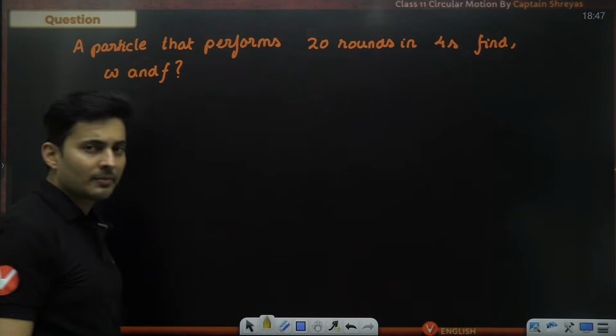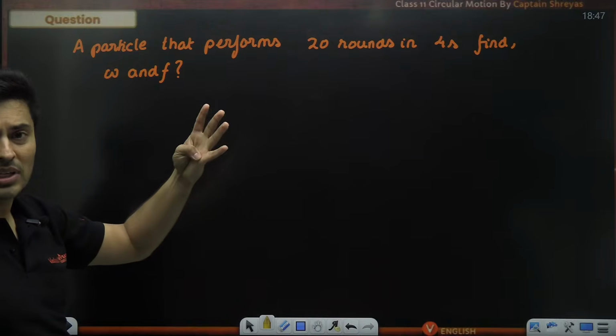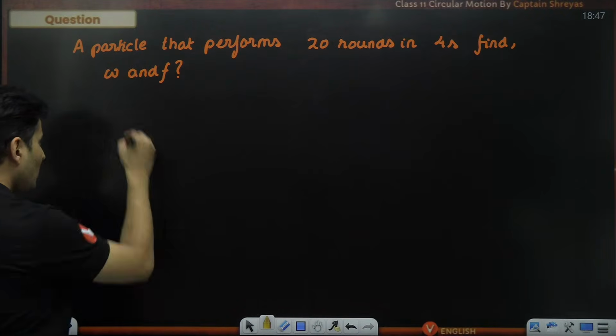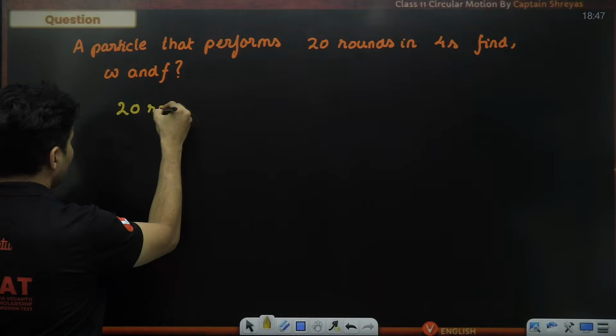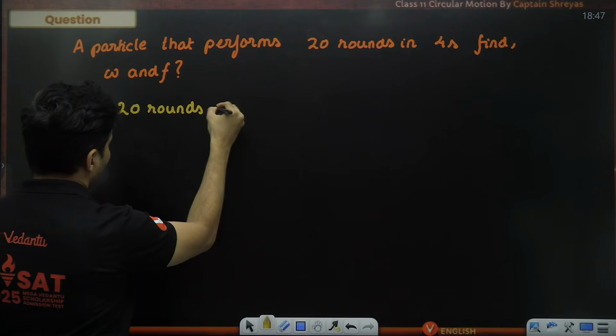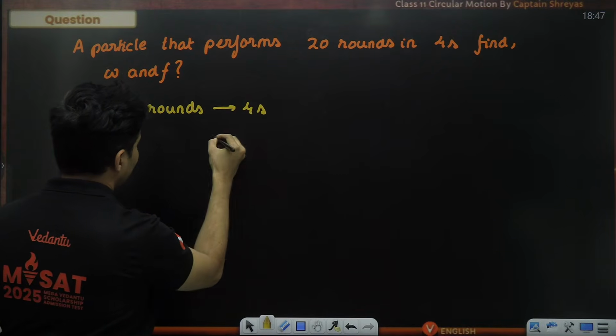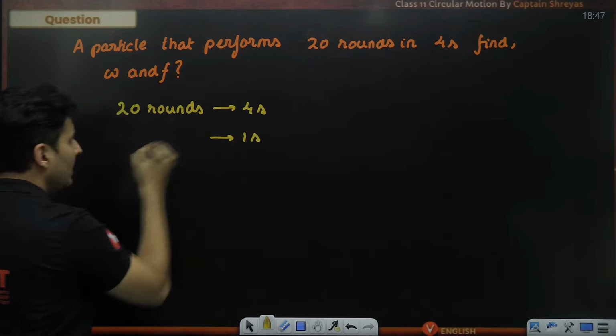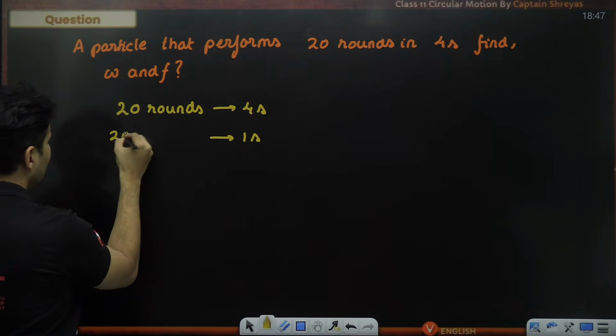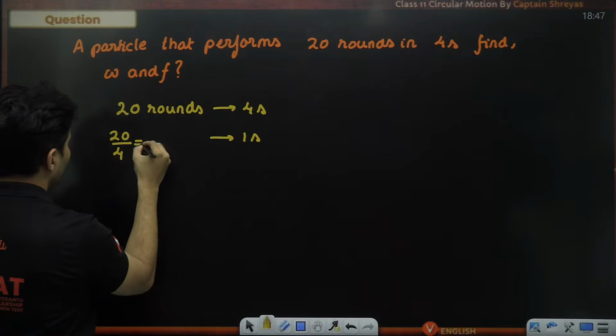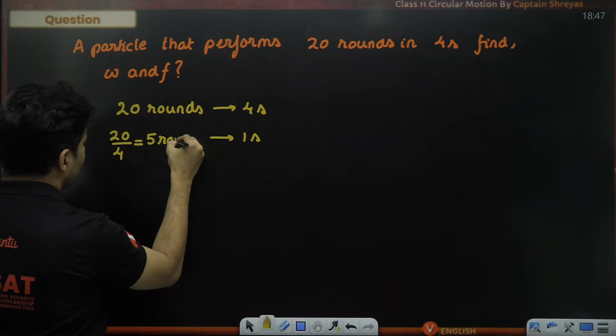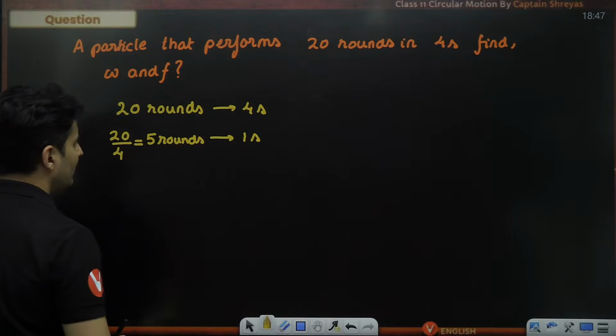So let's try this out. It has done 20 rounds in 4 seconds. So if it does 20 rounds in 4 seconds, in 1 second, how many rounds will it do? Obviously, 20 divided by 4, which is nothing but 5 rounds. It will do 5 rounds in 1 second.